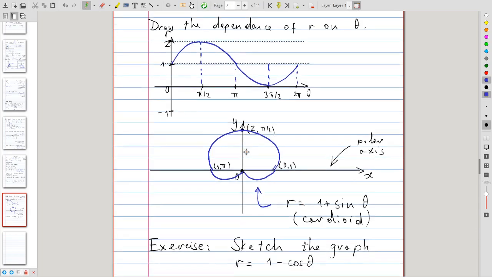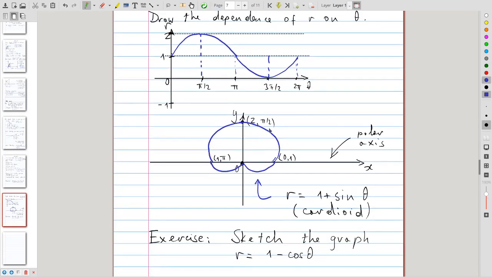Occasionally, you may want to take into consideration other angles as well. So for example, if you're not happy with just knowing the values in the quadrants, you may want to know also the values on bisectors of the quadrant angles, like so.